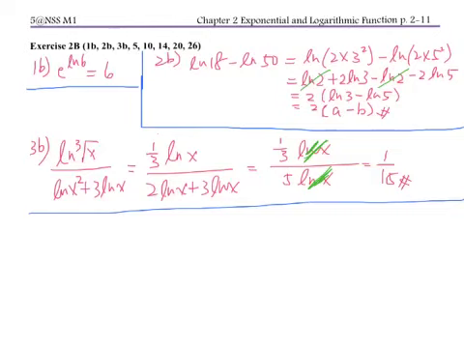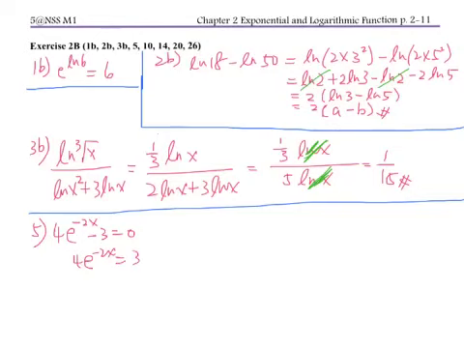Now number 5. Now only one unknown. So you scratch the symbol for e, and then 3.